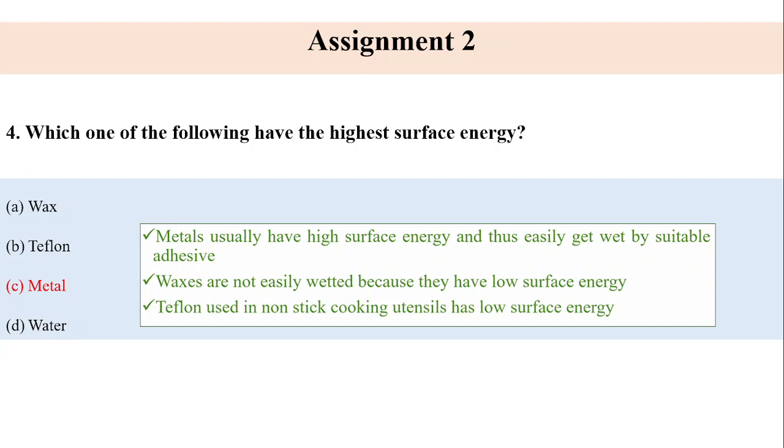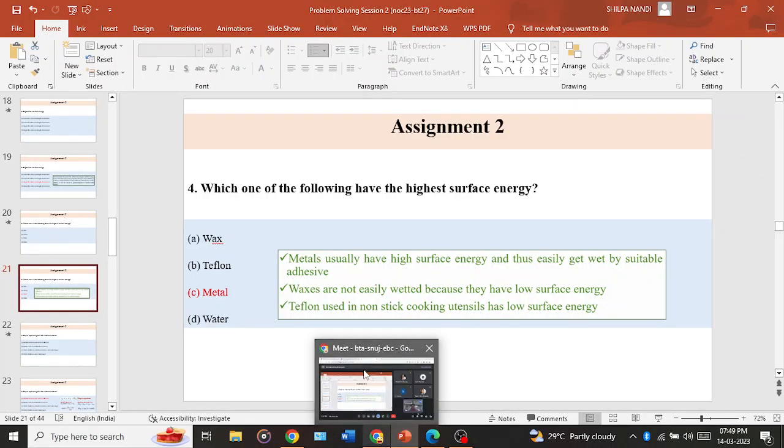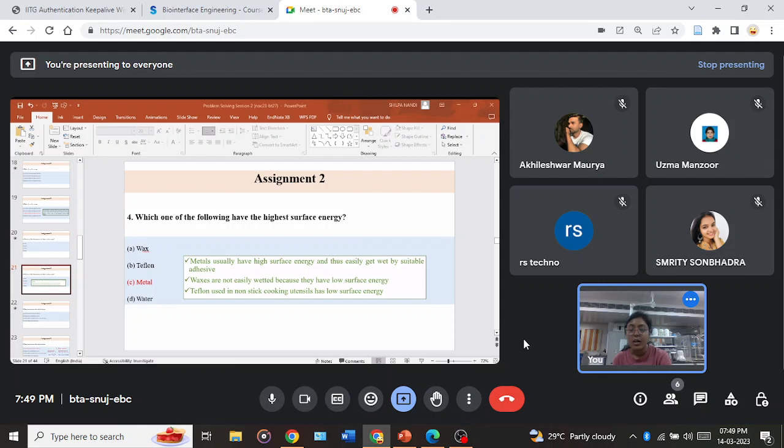Similarly, water has low surface energy, and if you compare metal and water, metals have higher surface energy. So I think the options and the reasons were quite clear, so we can move forward with the next question.